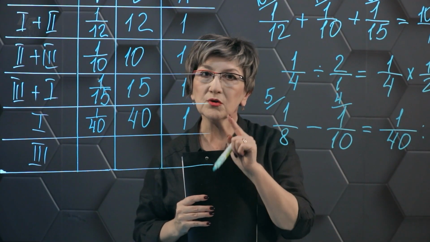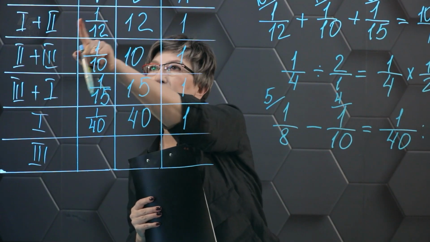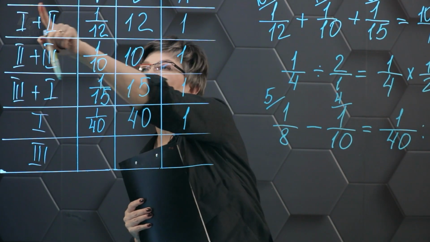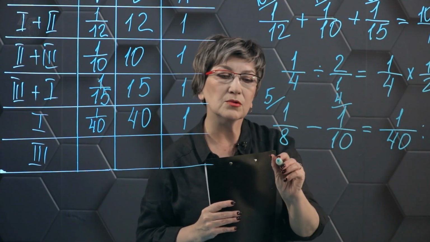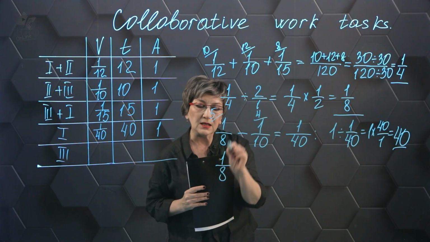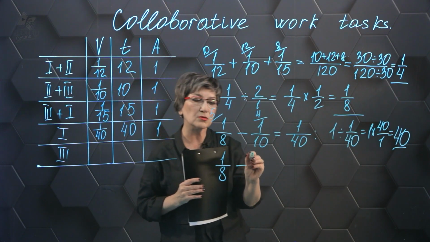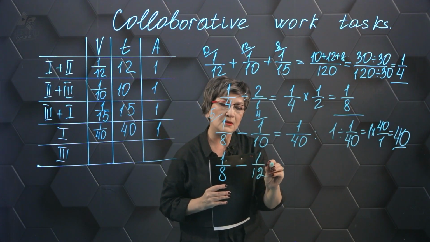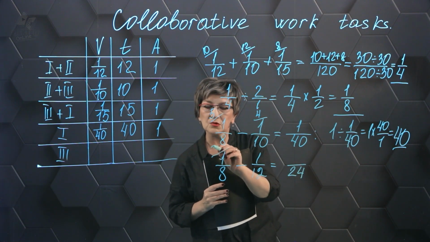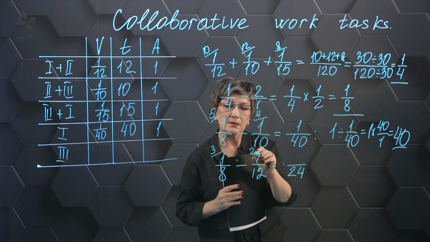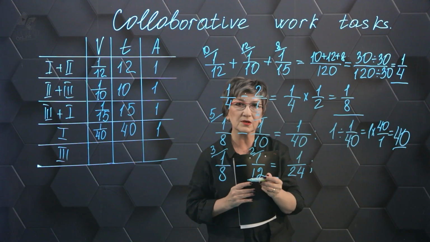The condition says that the productivity of the first and second company is 1/12. So there's no third company in this condition, so from 1/8, I'm going to subtract 1/12. The common denominator is 24. The additional multipliers are 3 and 2. 3 minus 2. We get 1/24.